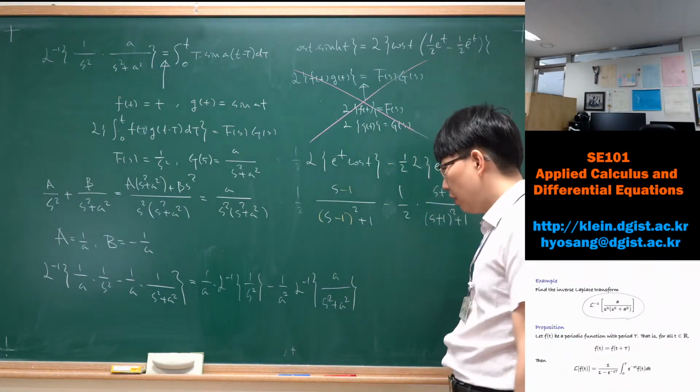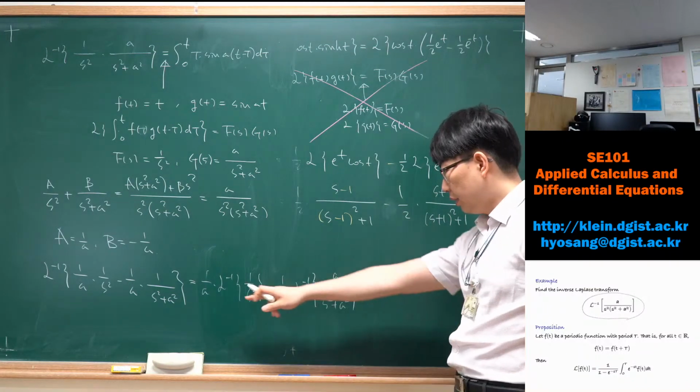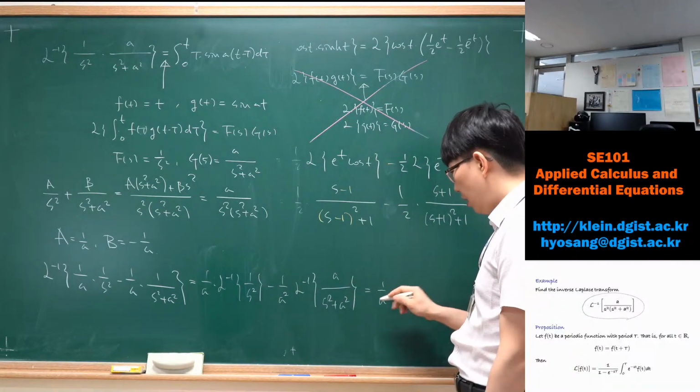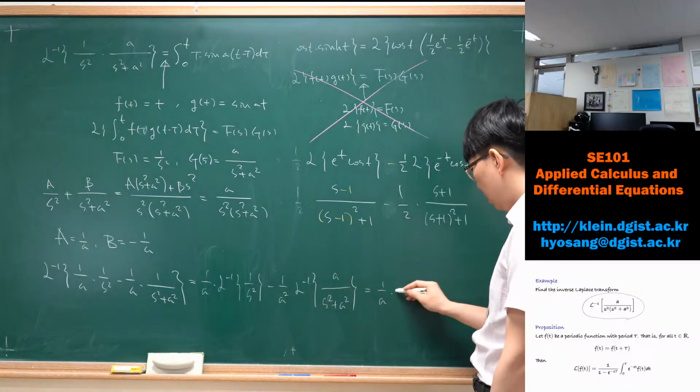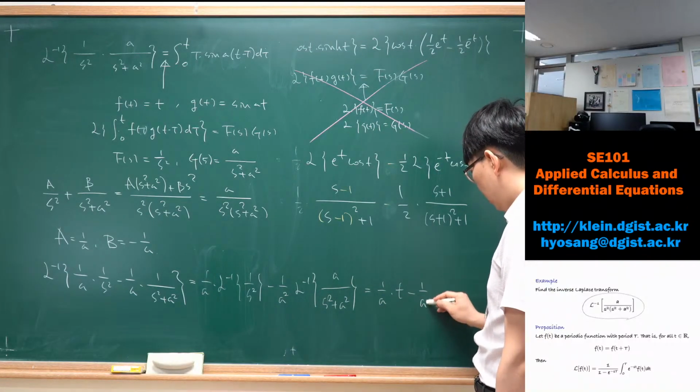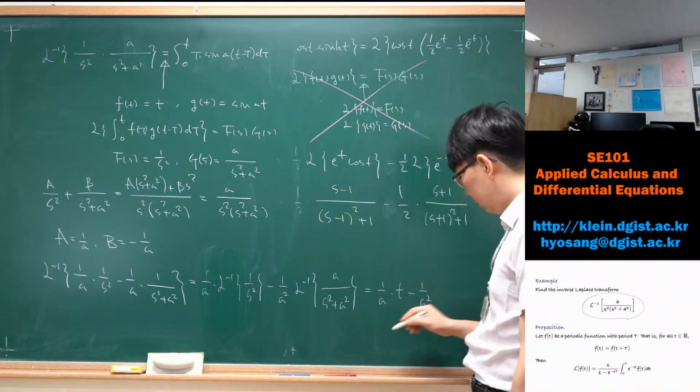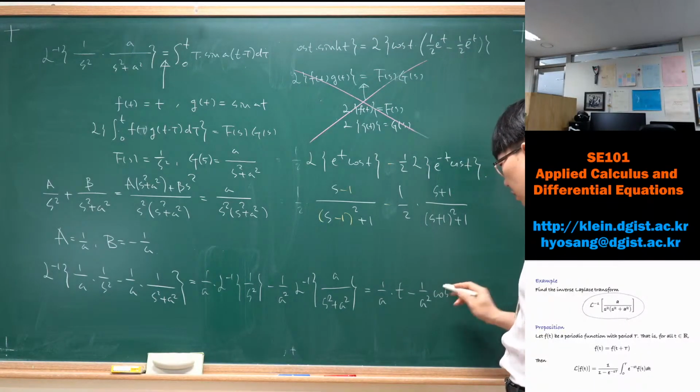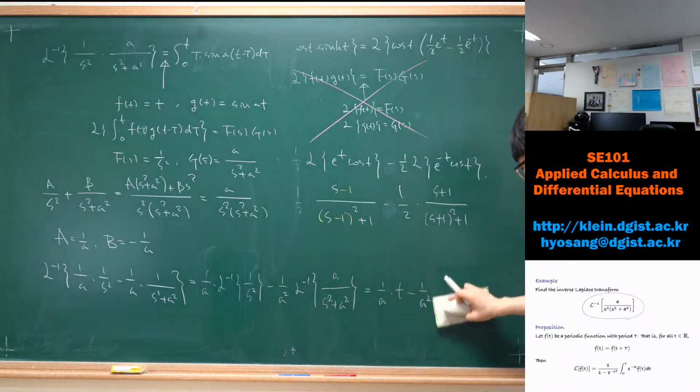Okay, so that's the result. So 1 over a times t minus 1 over a squared of what? Sine at.